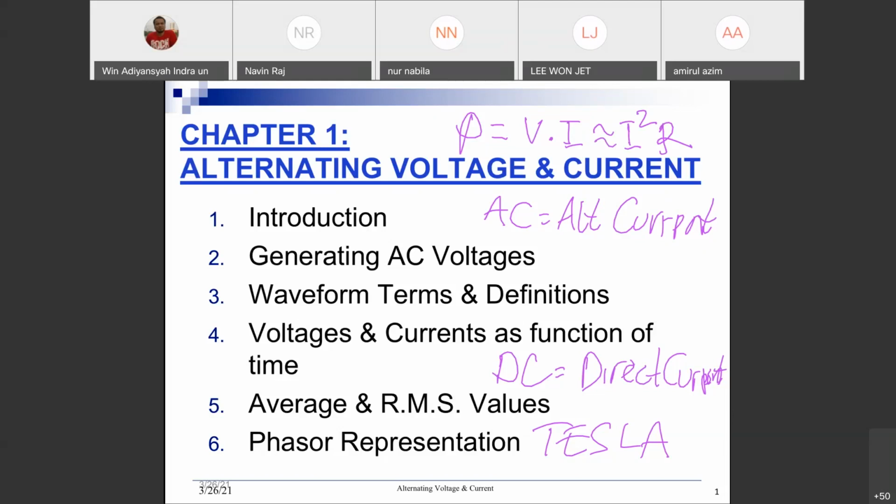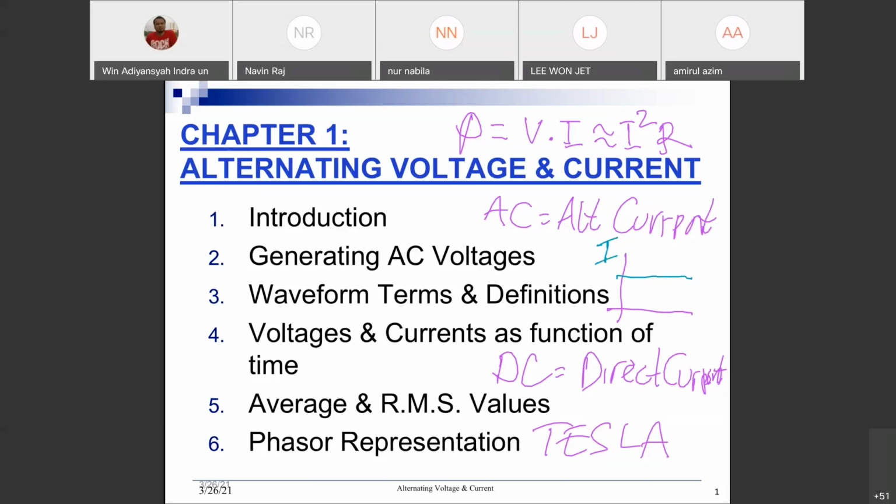So the problem with DC is that the cable is very thick. DC means direct current. If I draw the graph, this is DC.